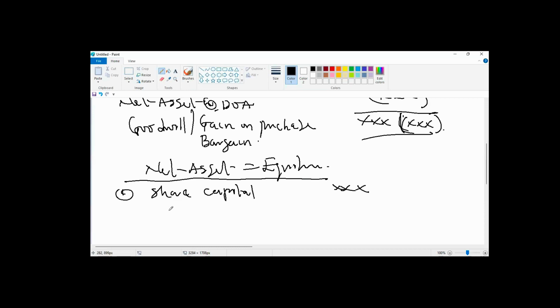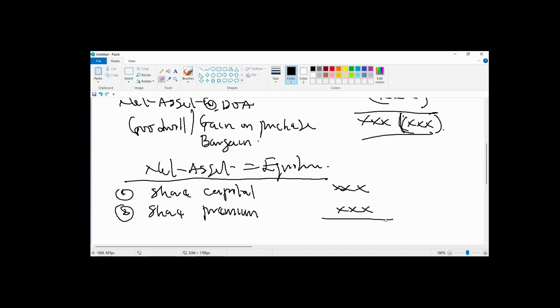It can be issued above the nominal value and give a premium. Share premium. Then retained earnings.